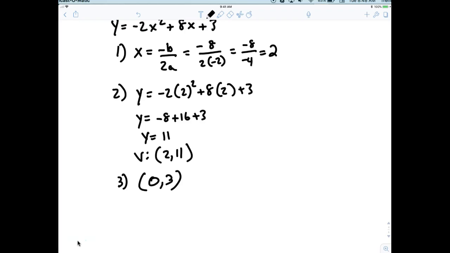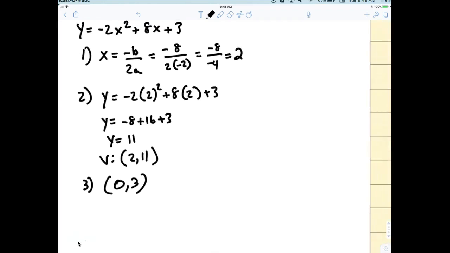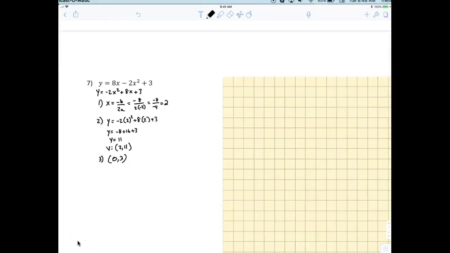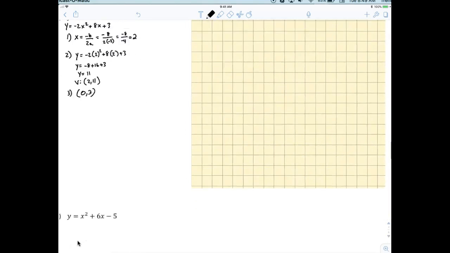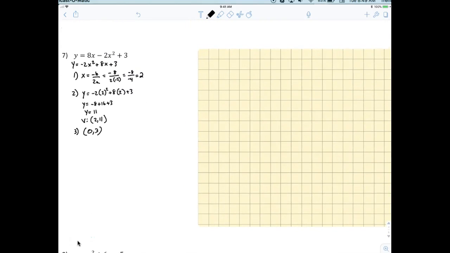All right, now let's go ahead and graph. So 2, 11. So I'm going to go to the right a little bit, but not that much. But I am going to go up 11, so I'm going to make it lower.